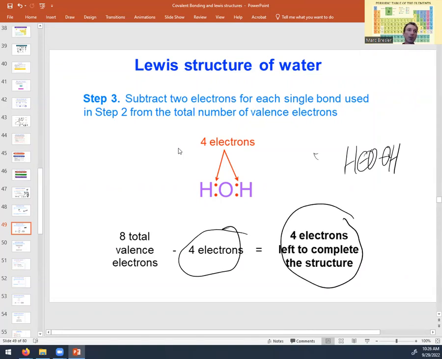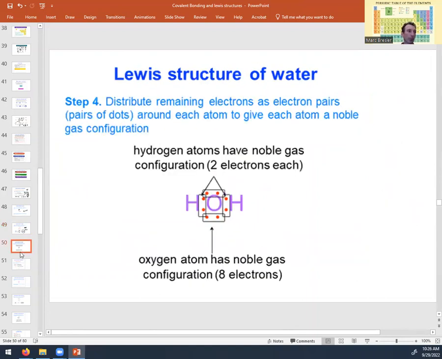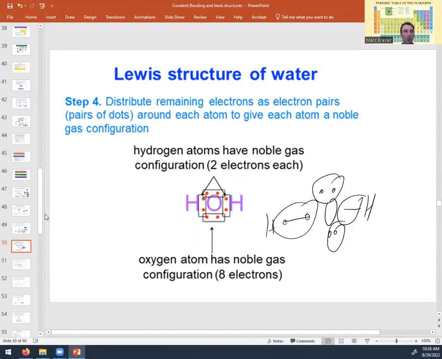You have 4 electrons left to complete the structure. So 1, 2, 3, 4 electrons are left, and that's how you place them around the central atom. Then you end up with H2O. It has its full octet, 2, 4, 6, 8, and hydrogen is happy. It has its duet, so to speak. So that's how you do water.